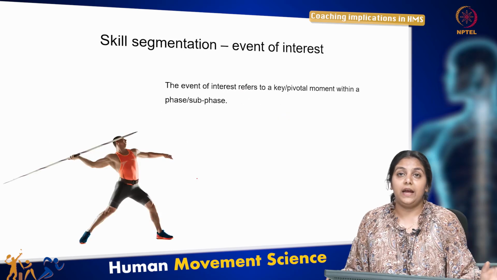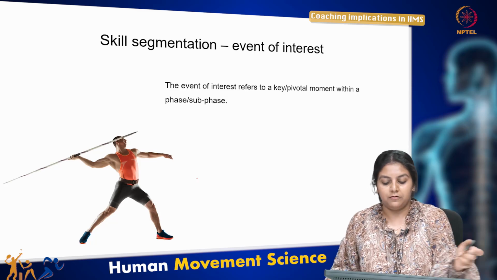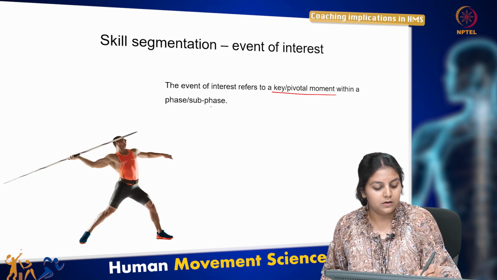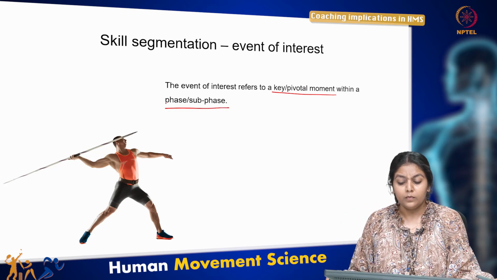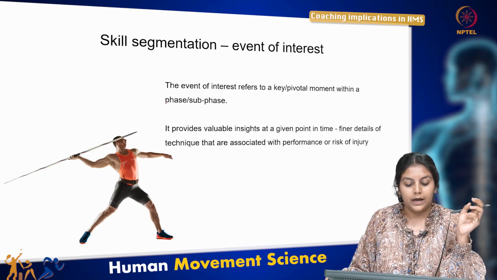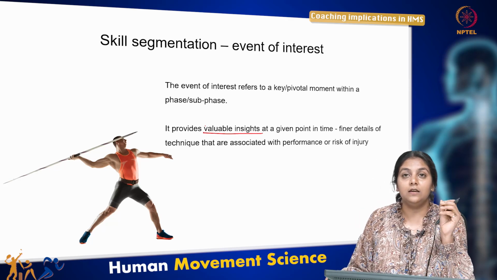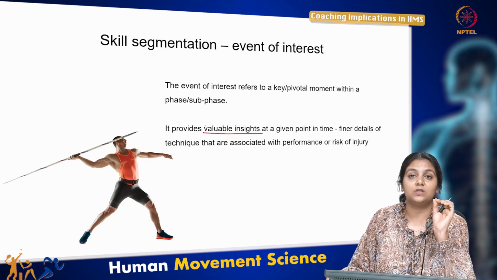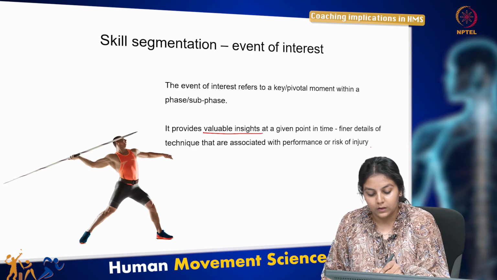Now that we have looked at phases and sub-phases, let's look at the event of interest, which refers to a key moment within a phase or a sub-phase. These occur at a given point in time and provide valuable insights regarding technique, specifically finer details of technique that might be associated with performance or risk of injury.